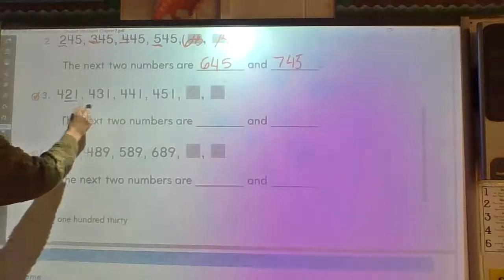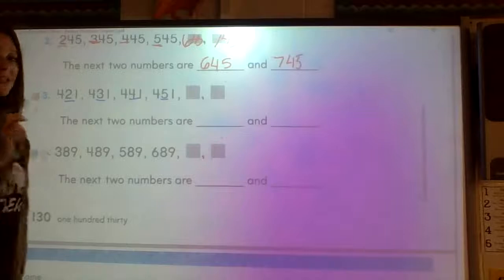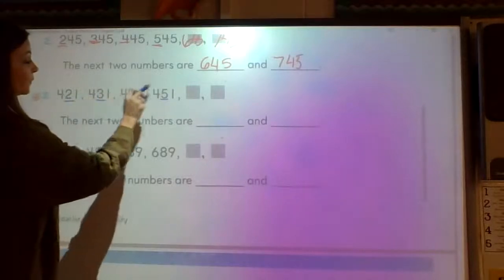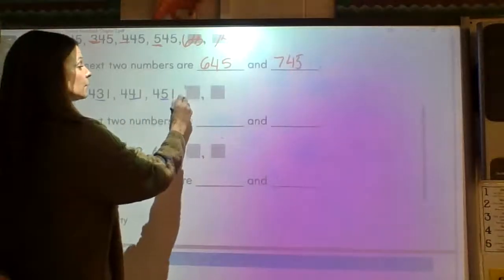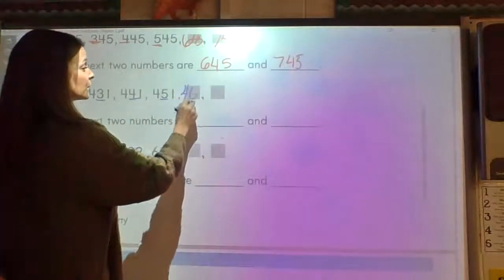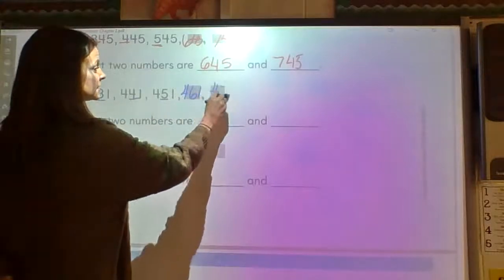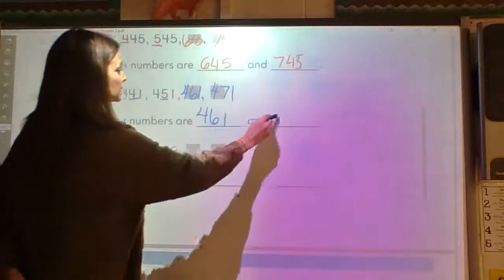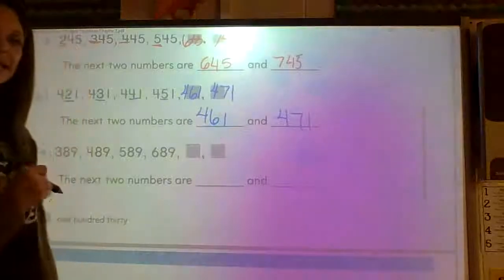For number 3, I noticed that the tens place changed. 2, 3, 4, 5 is counting up. So 451 would turn to 461, which would turn to 471. So my numbers were simply increasing by 10.